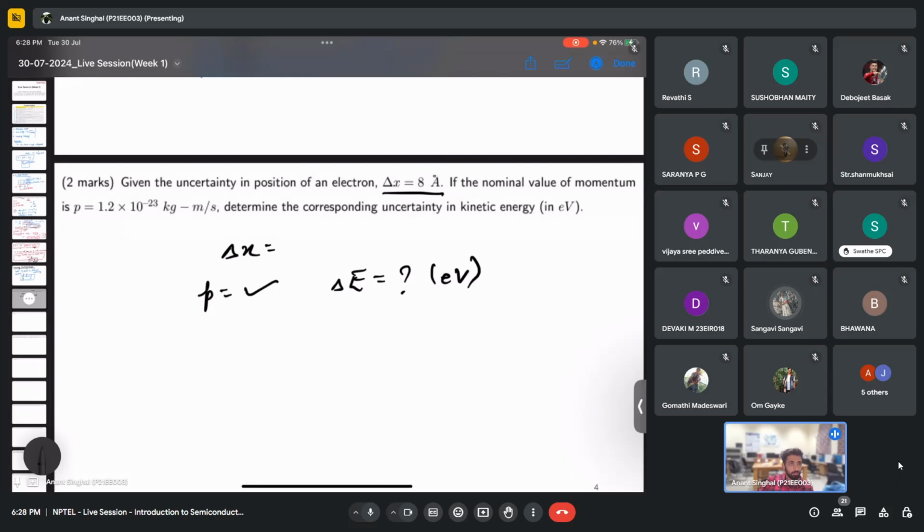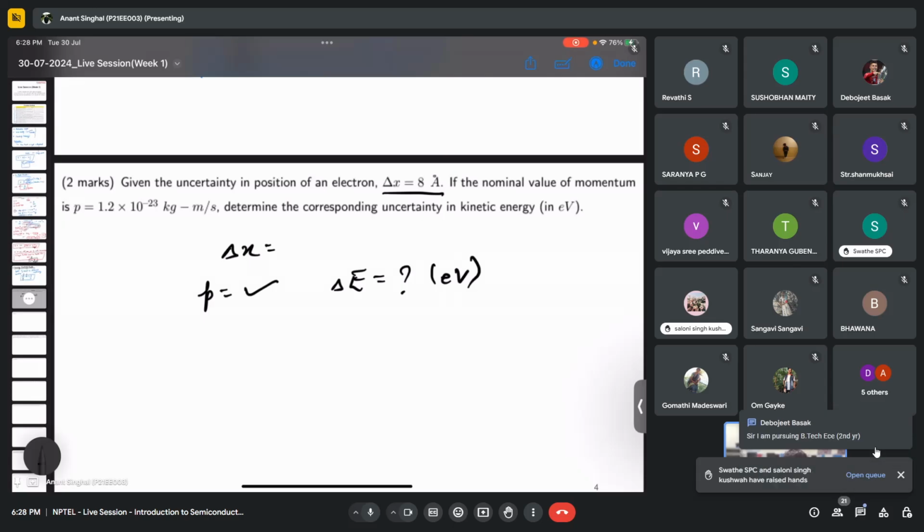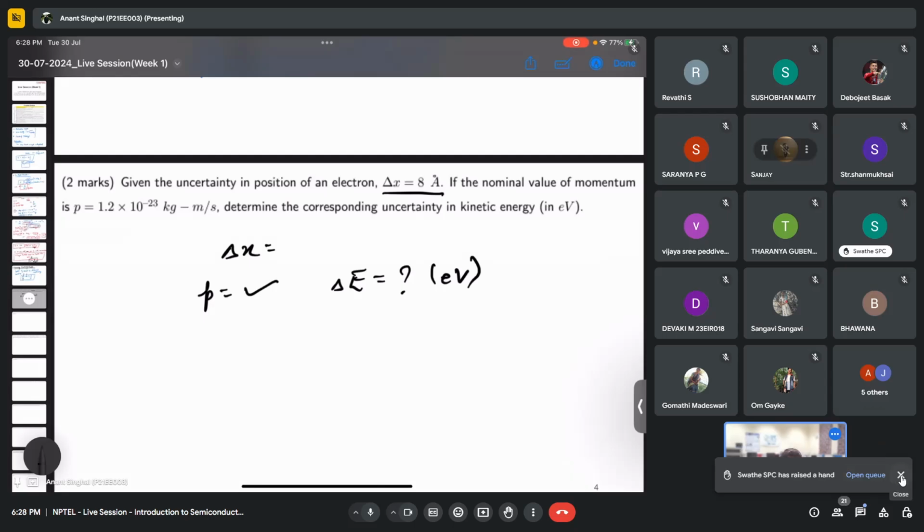Anyone can go next. Yeah, sure, Saloni. You are not audible, Saloni, if you are trying to say something. Can anyone else? Good evening, sir. Yeah, Swati, I can hear you.